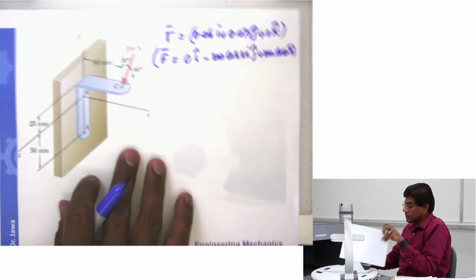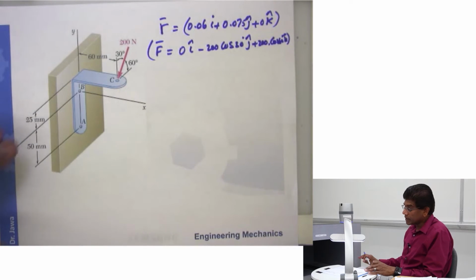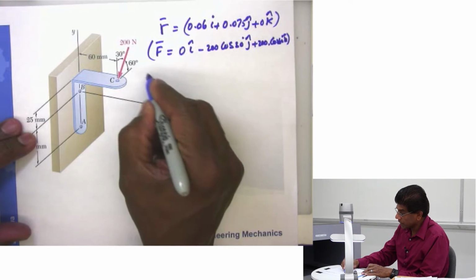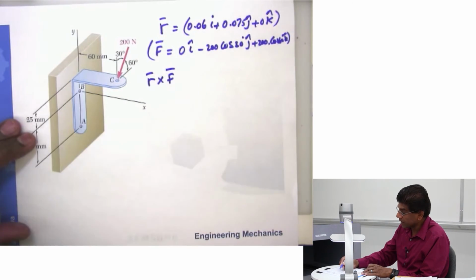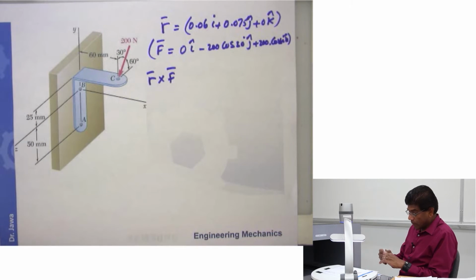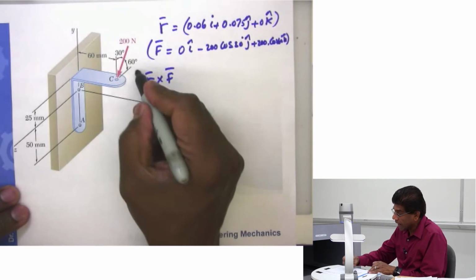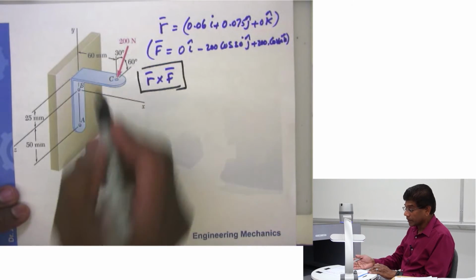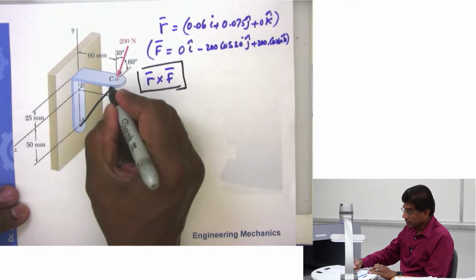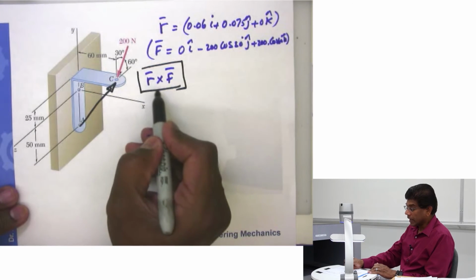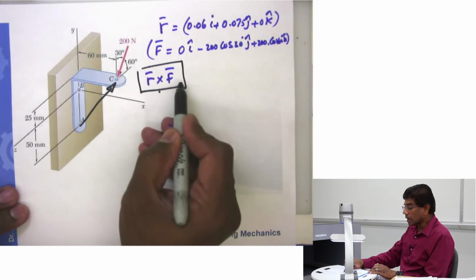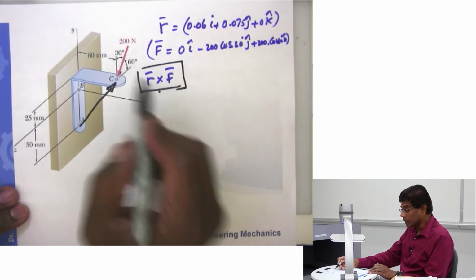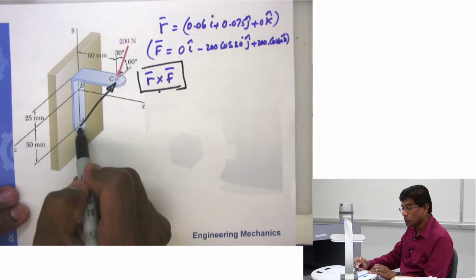So I've got all this, and all that is left for me to do is to find R cross F. I want to make sure you understand it has to be R cross F, not F cross R. We are crossing the position vector with the force vector, and R cross F should give a moment vector, which is the moment of this force about point A.